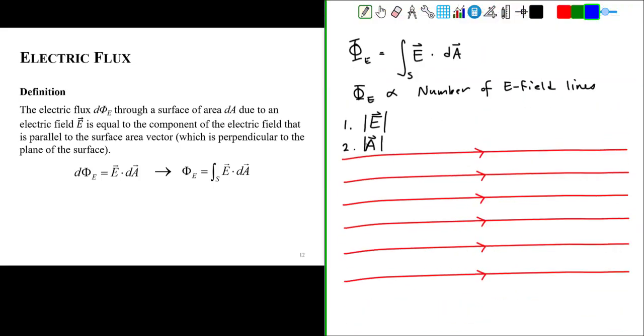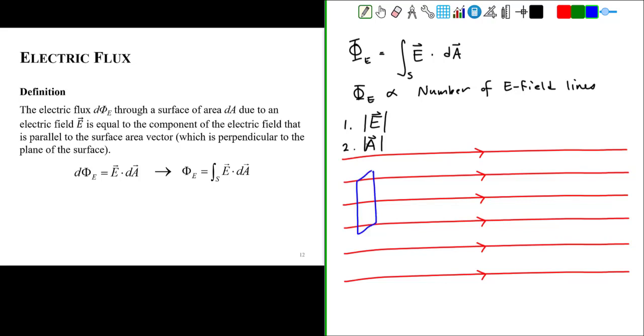Let's now look at the same electric field, but let's change the orientation of the area with the electric field. Let's have a surface that looks like this to start.